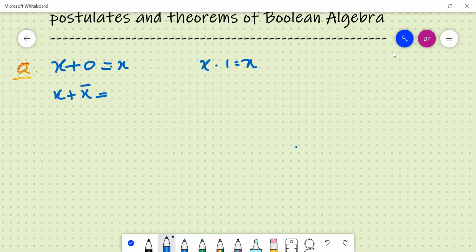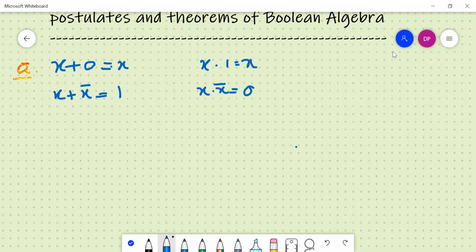X or with complement of X is 1. And if you take a variable and with its complement, what will you get? 0, right?